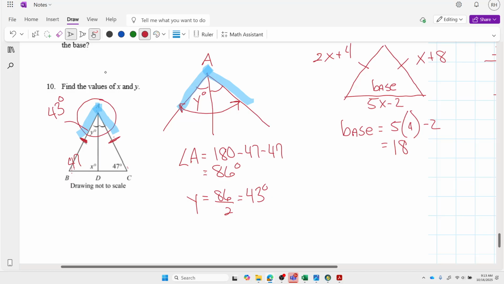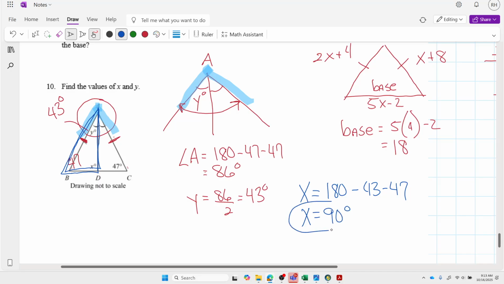X is the third angle in this little triangle right here. So x is going to be equal to 180 minus 43 minus 47. So x equals 90 degrees. And y was equal to 43 degrees right here.